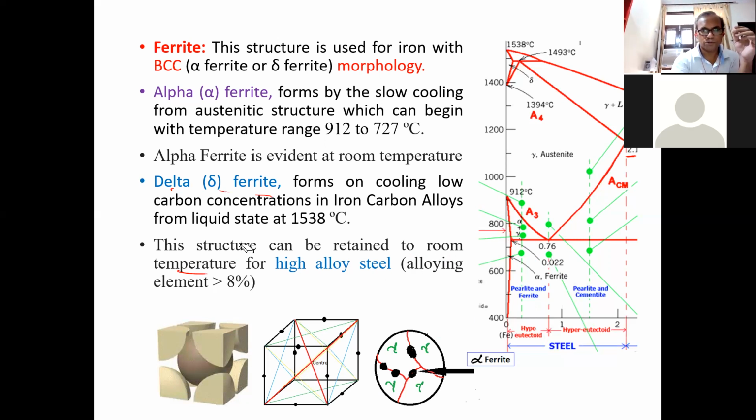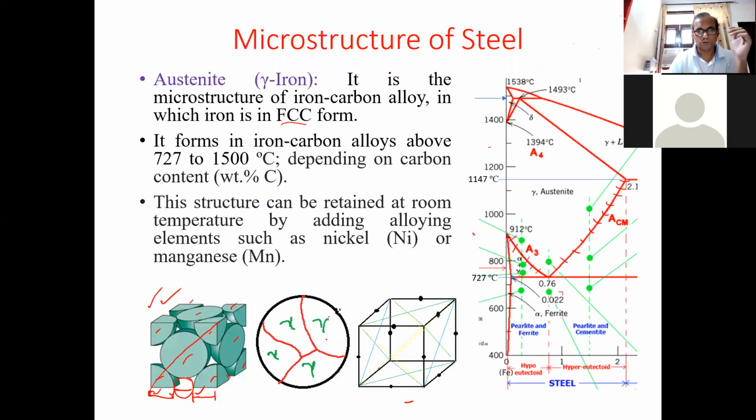That was the point I was about to discuss today again, because I gave it yesterday also. I showed you the BCC cell and FCC cell. What was the purpose of representing these cells here? I gave some sites where an atom may be located, but whether that is possible or not depends on the dimension of the unit cell.